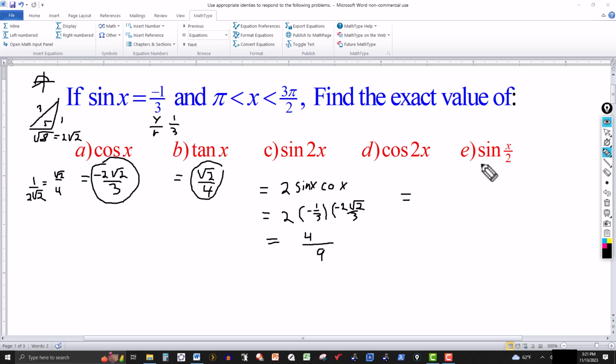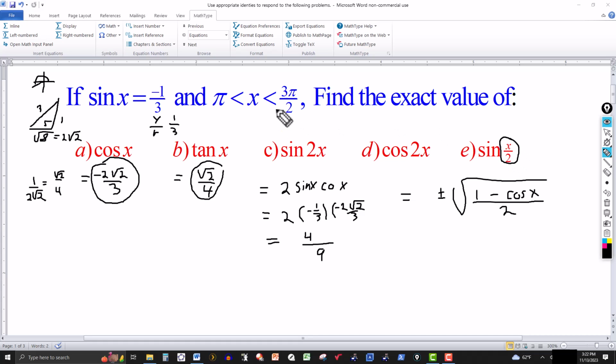So the half angle formula for the sine of x over 2, there's also one for cosine, is plus or minus the square root of 1 minus cosine of twice that angle, so this will give me an x here, over 2. Now, notice I have a plus or minus here. What's going to determine that is where the angle is. So remember, I'm computing the sine of x over 2.